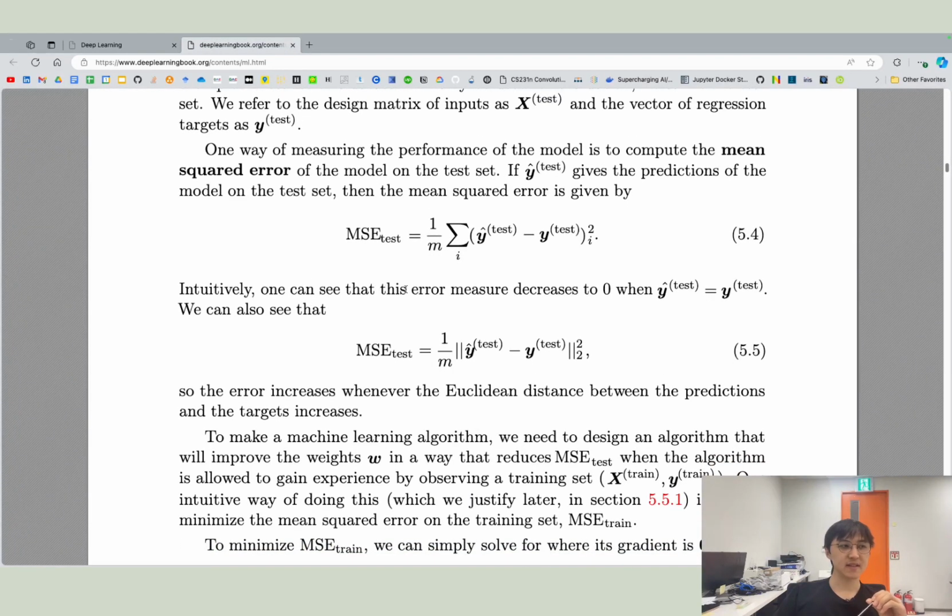Intuitively, one can say that this error measure decreases to 0 when y hat equals y. We can also see that this thing, 1 divided by m, and the length of this difference, is equal to MSE. So we can represent this as this equation.